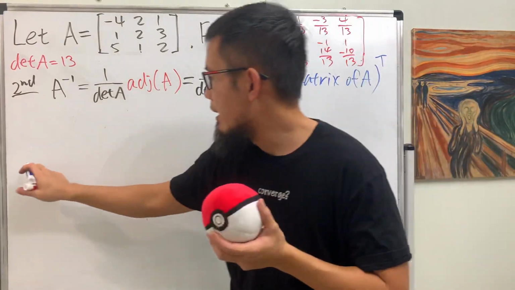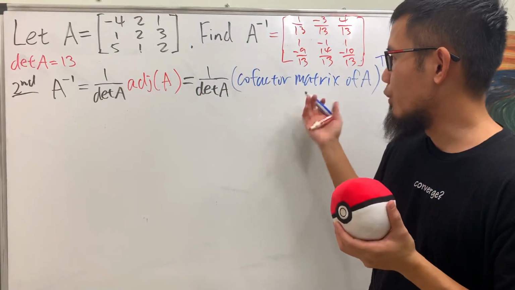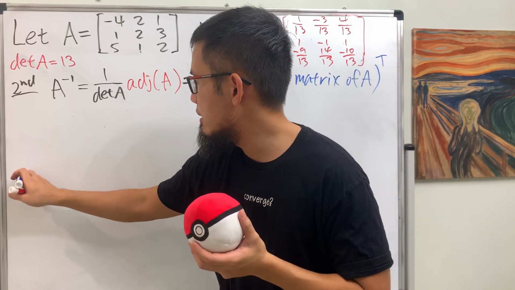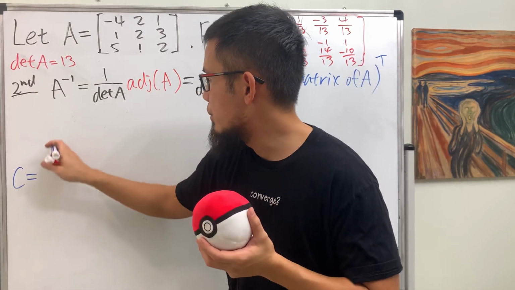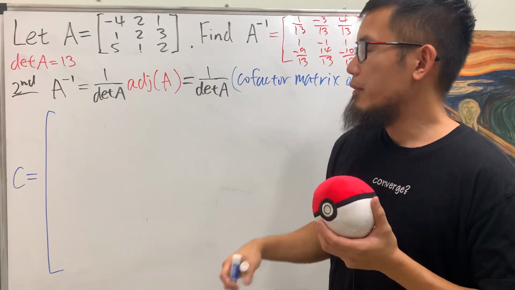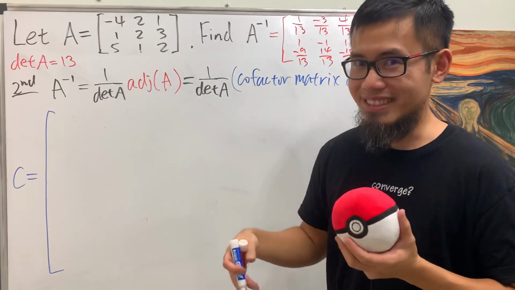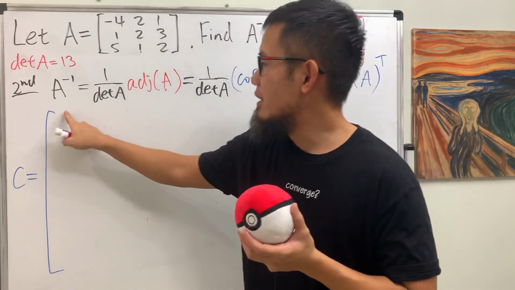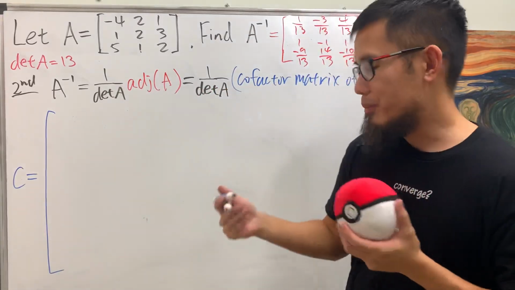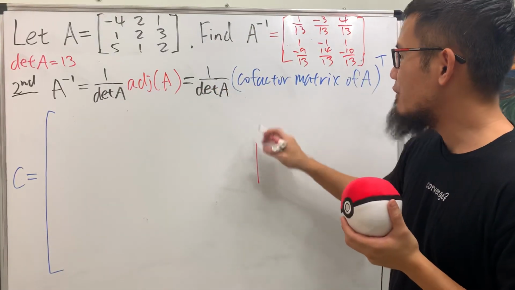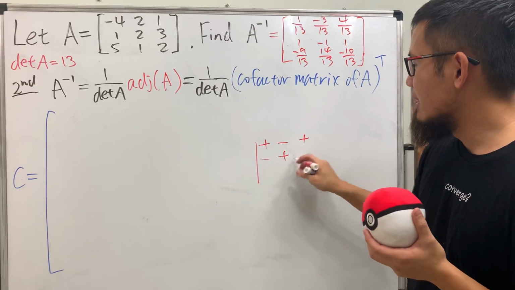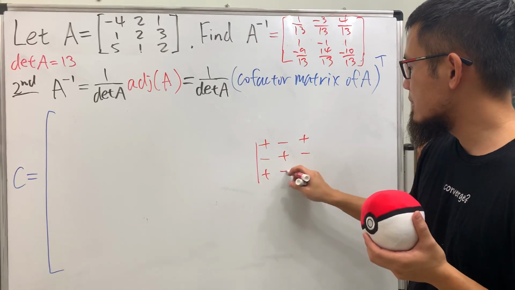So right here, I'm just going to use C for the cofactor matrix, and I'm going to put it down right here. C is equal to a matrix formed from the determinants. How do we do it? First off, you have to remember what we did last time. Whenever we talk about the cofactors, we have the signs, right? Remember the signs alternate like this?